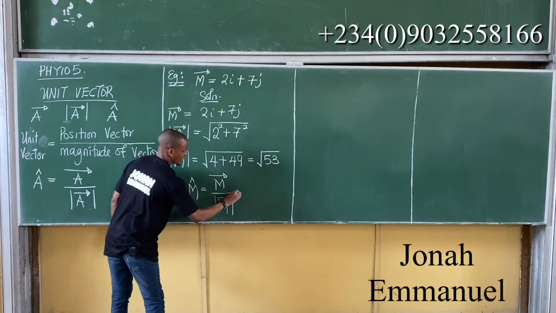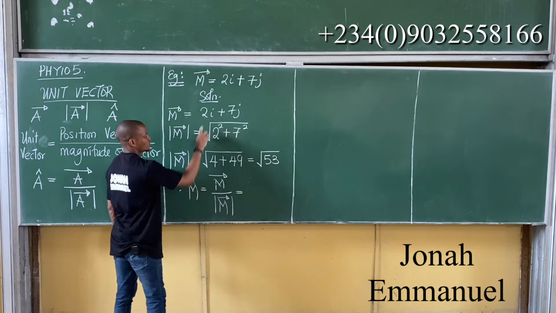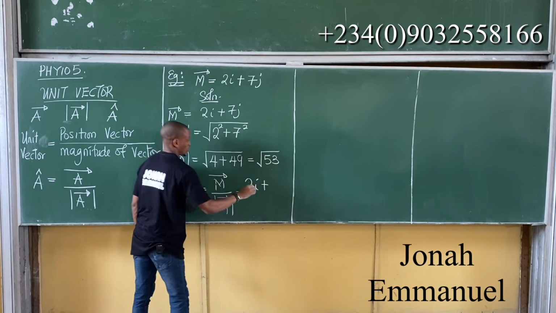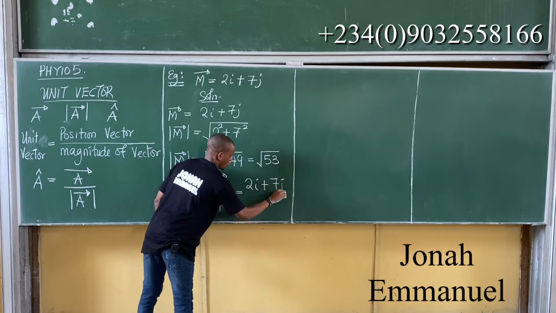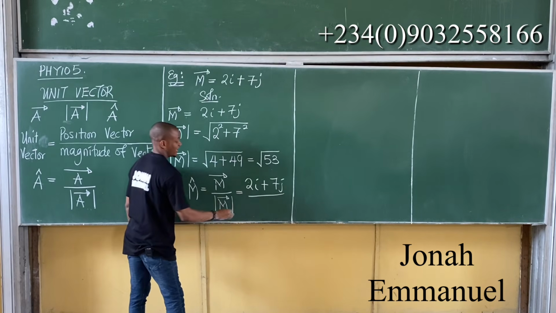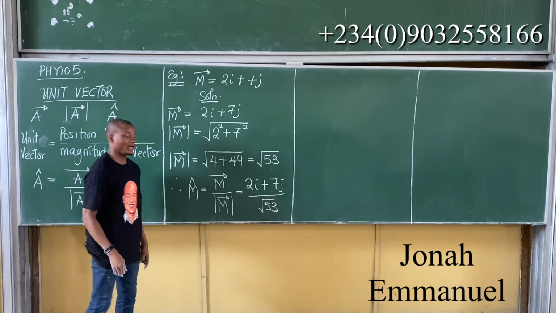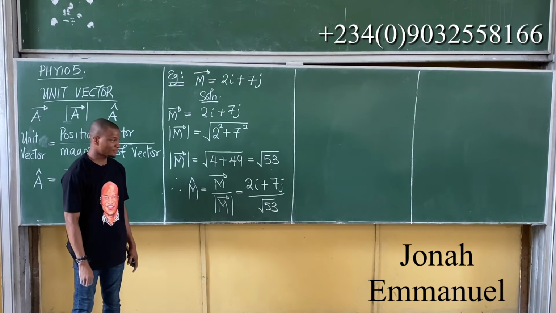From here, this will be equal to 2i plus 7j all over, the magnitude here is root 53. So I have this as my unit vector.